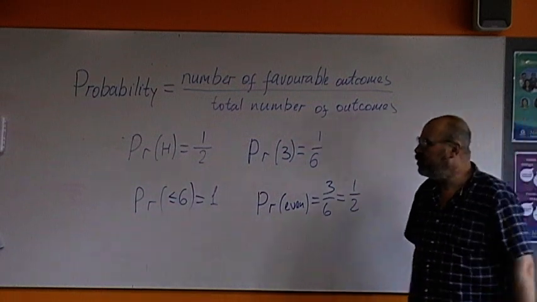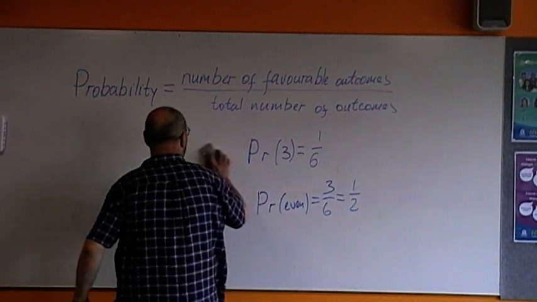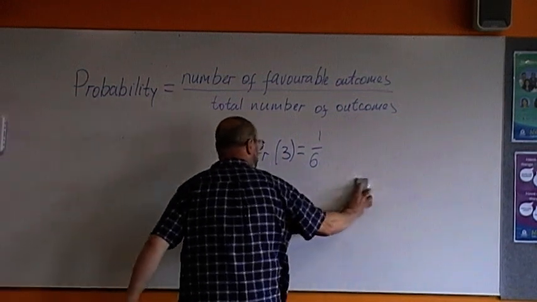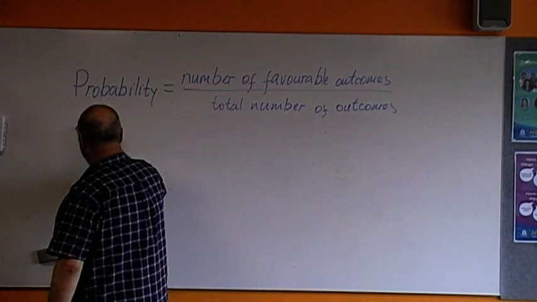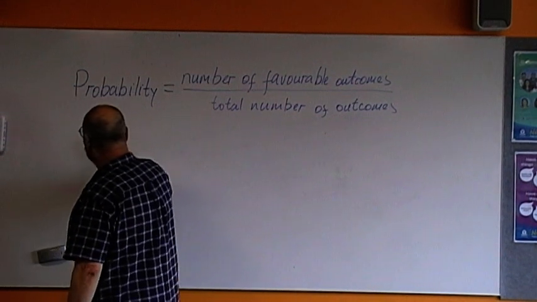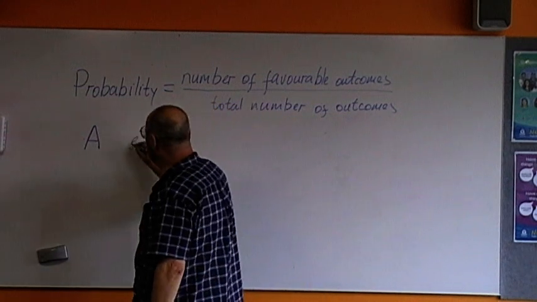Now, there is such a concept as the so-called complement event. Let's say event A, when we roll a die, is to get an even number.